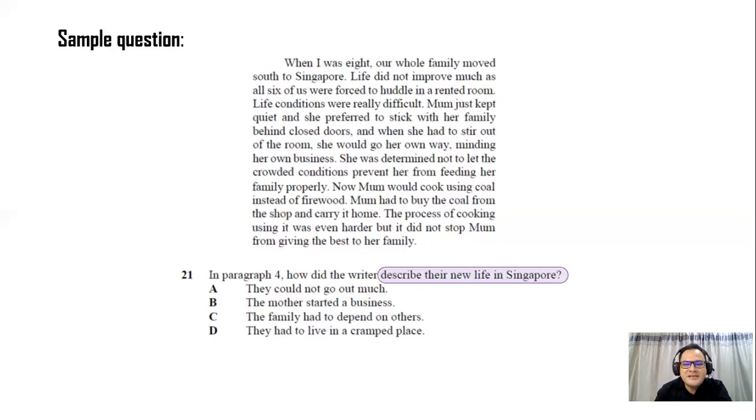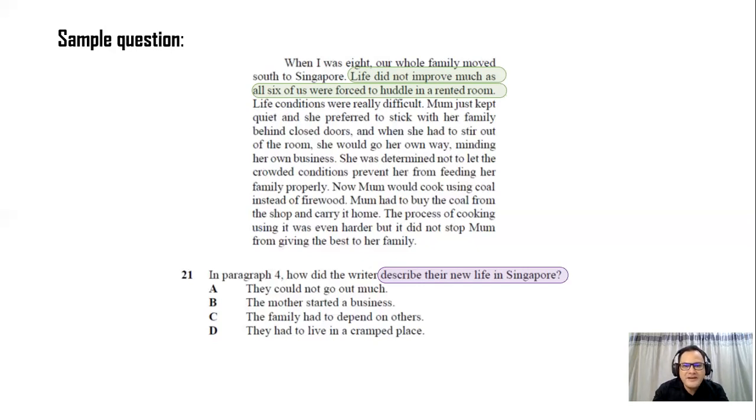So what best describes their new life in Singapore? Is it A, they could not go out much? B, the mother started a business? C, the family had to depend on others? Or D, they had to live in a cramped place? If we look at the sentence, life did not improve much as all 6 of us were forced to huddle in a rented room.